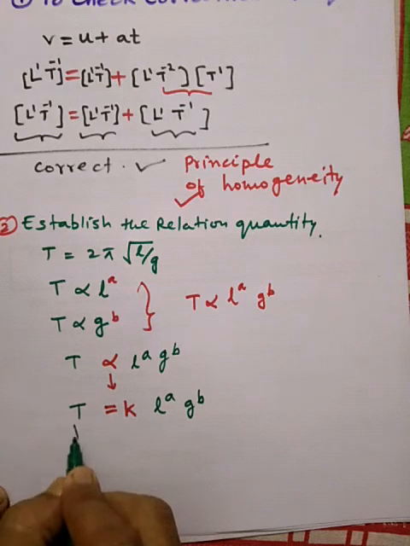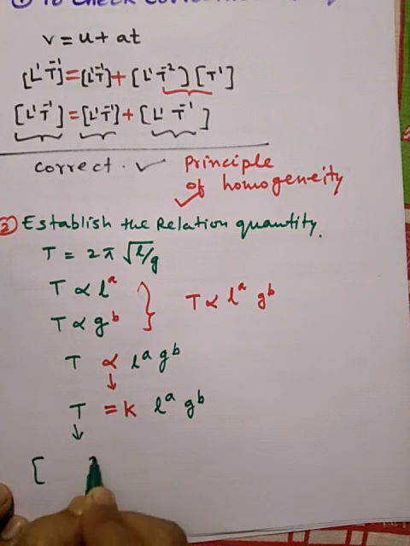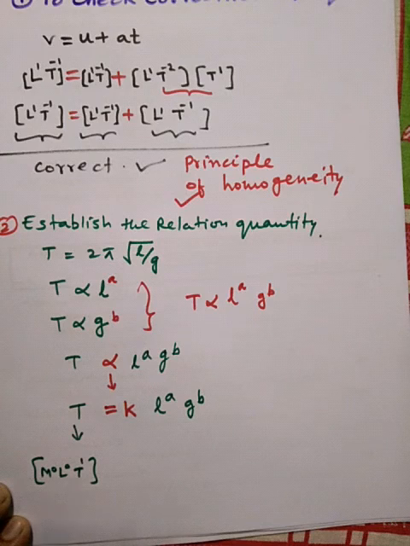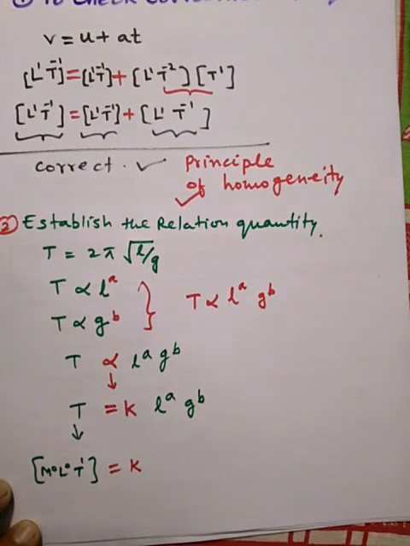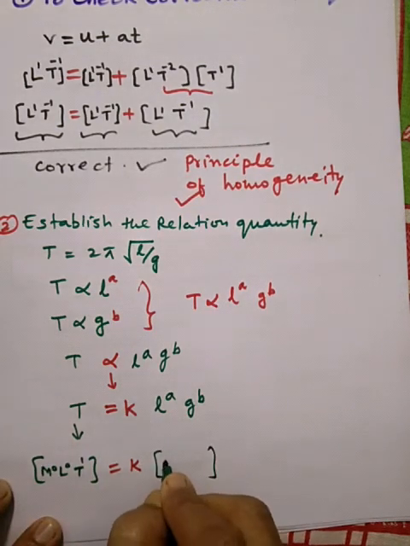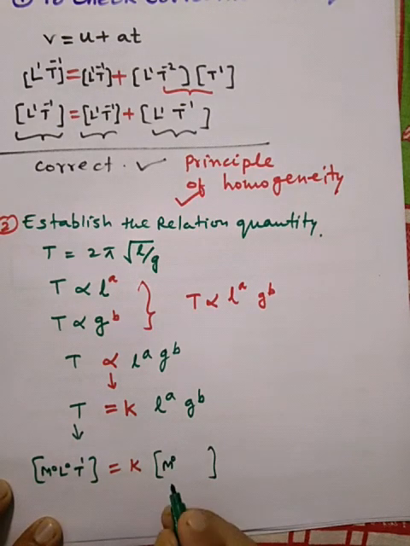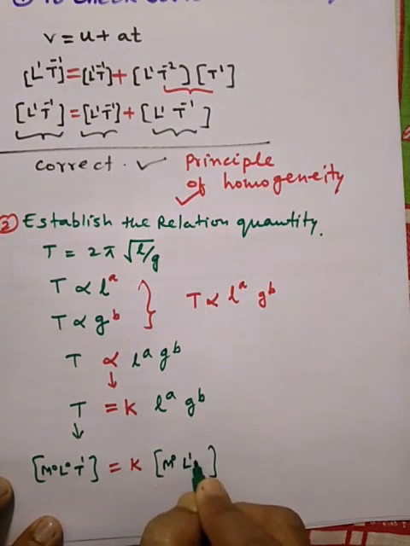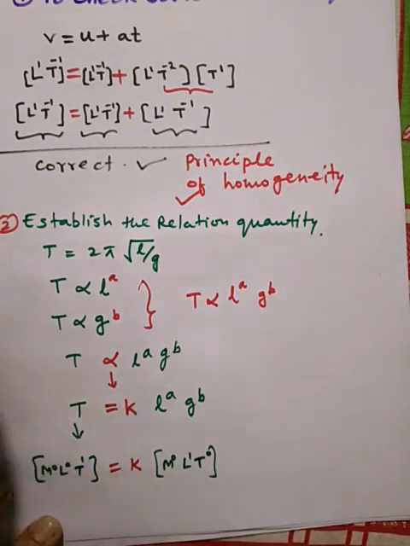Now I am writing the dimensions of this. Dimension of time, M0 L0 T1, equal to k. The constant k has no dimension, so k as it is. Now the dimension of L is the length, M0 L1 T0.